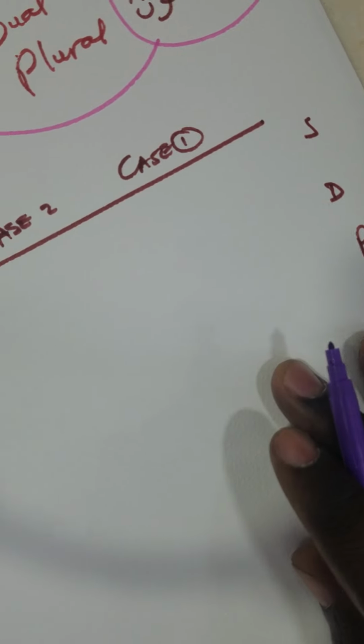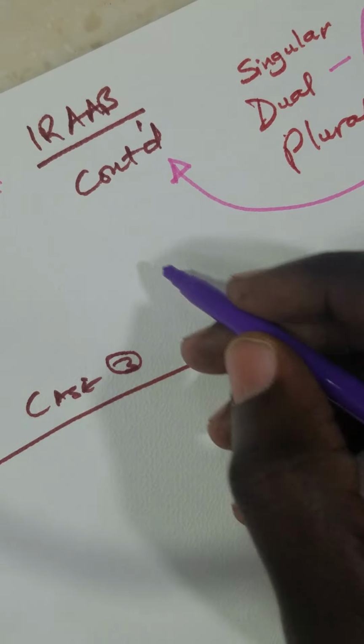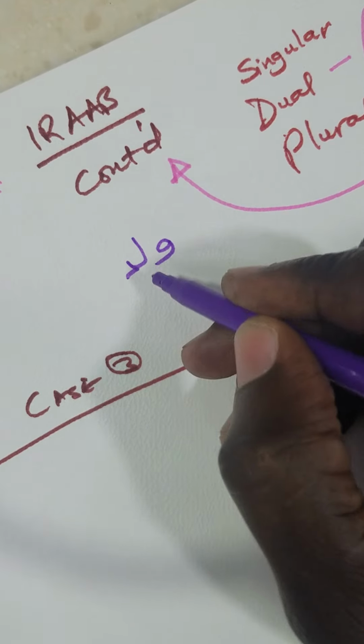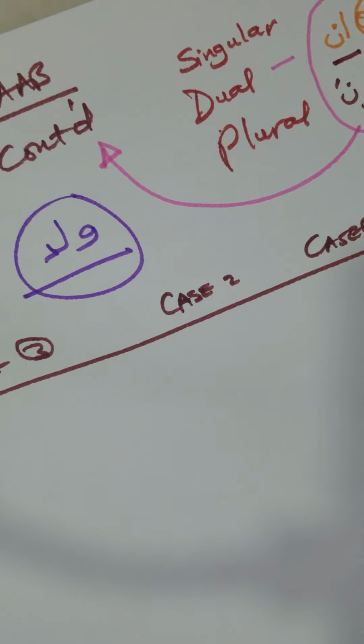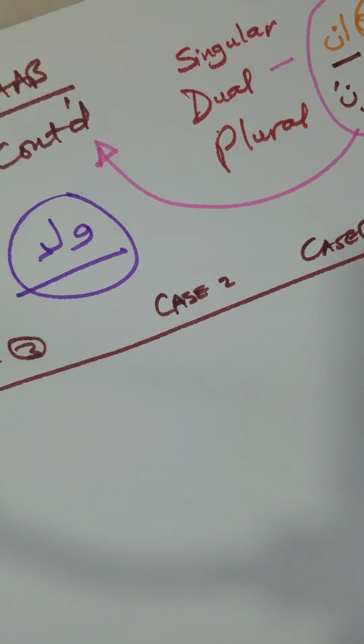The word that we chose was walad. Walad. And I hope everybody now knows what walad means. But if this is the word walad, the one we are going to use, we said there is no way we are going to read it as walad.